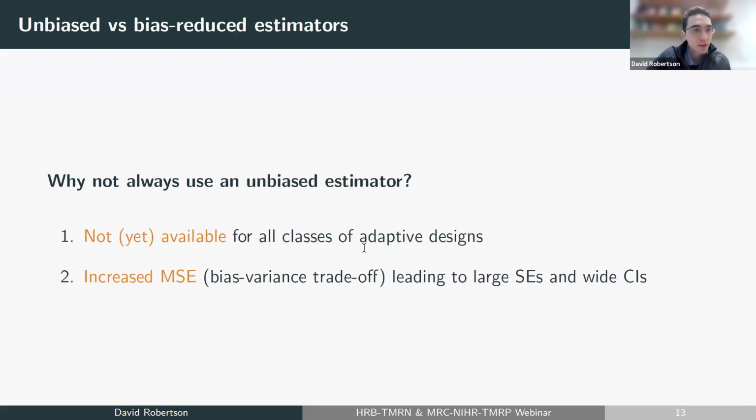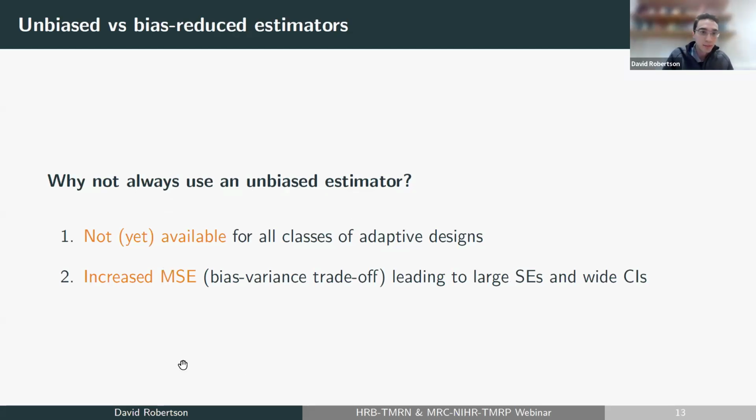We've already touched on this, but why not always use an unbiased estimator? There are a few reasons. One is that it's not always possible to find, in particular, a UMVUE or UMVCUE for classes of adaptive designs. And perhaps the most important reason is this typical bias-variance trade-off. Yes, you can have an unbiased estimator, but typically you'll pay a price in increased variance or increased mean square error, leading to larger standard errors.